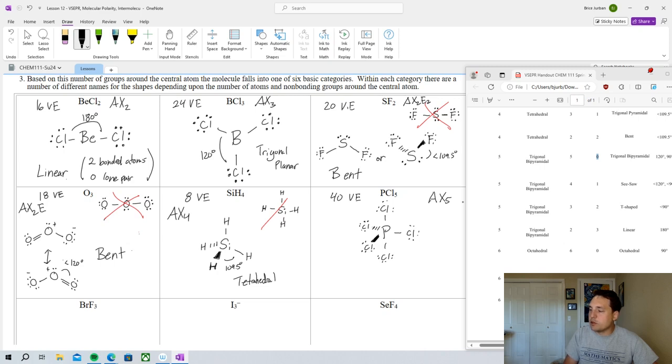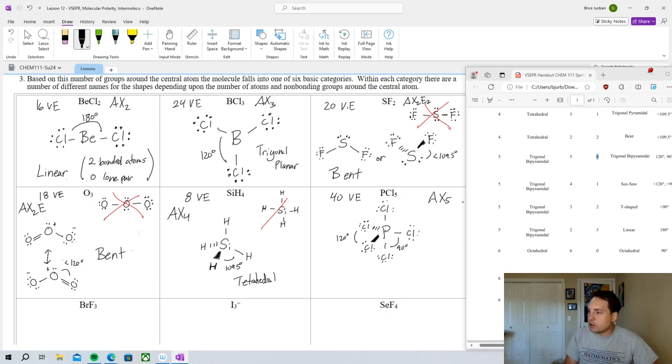And we have 2 sets of angles. The angle here is 90 degrees, and then the angle here is 120 degrees. Doesn't quite look like that from the picture, but that's again because this one's going into the plane, and this one's coming out of the plane.